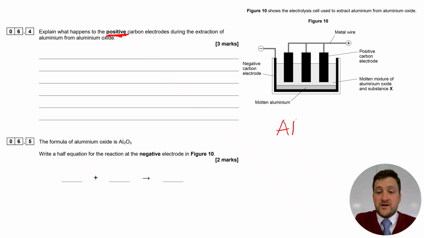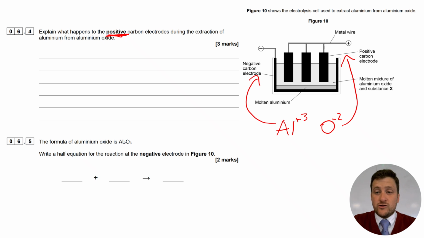So if our aluminium is a +3 and our oxide is a -2, we should be able to work out that our aluminium is going to our negative carbon electrode, our oxide is going to go to our positive carbon electrode. So therefore, straight away we know that our oxide is going there. Now, our oxide ion is going to be oxidized. It's going to lose electrons to turn into oxygen. So we can say oxygen is produced.